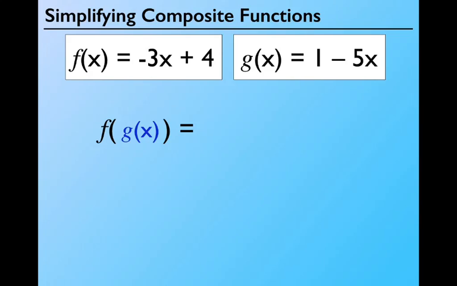Now, what if I'm trying to put the entire other function g of x in for f of x? The process would still be the same. Put some empty parentheses, and instead of x, I would put in the value of g of x, 1 minus 5x.